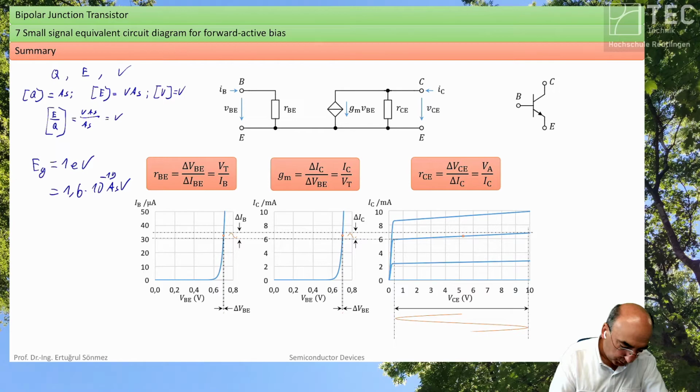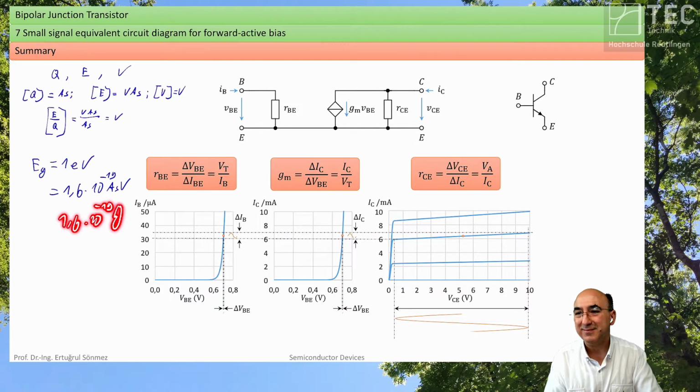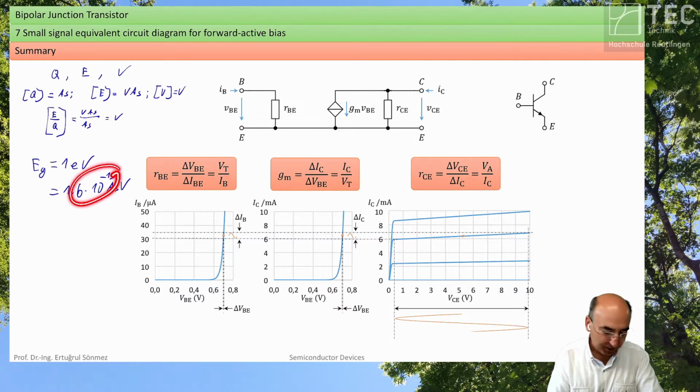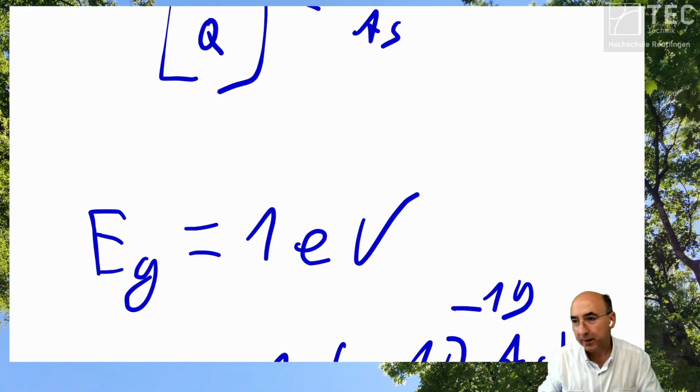So one electron volt is equivalent to 1.6 times 10 to the power of minus 19 joule. So instead of having such bulky figures, you say electron volt.